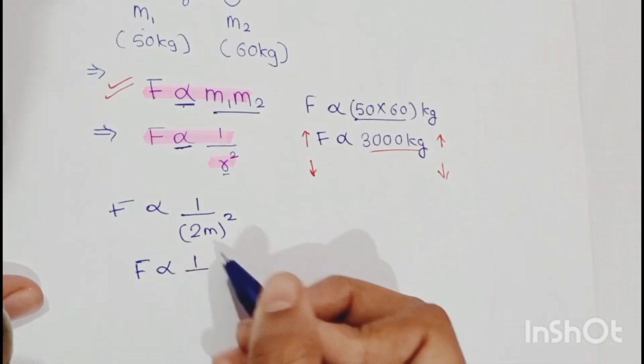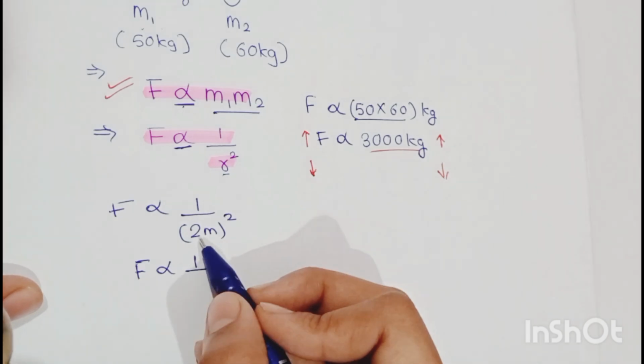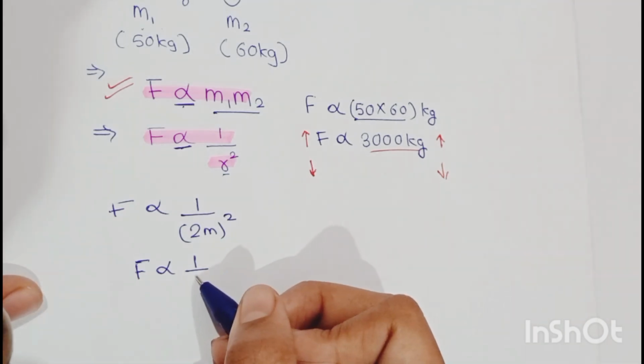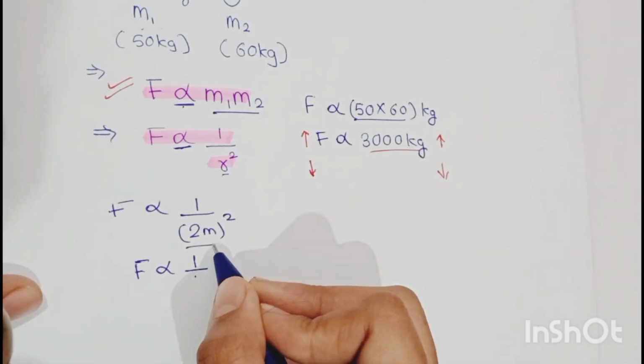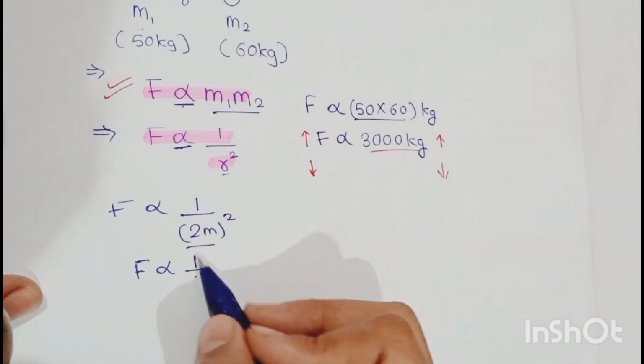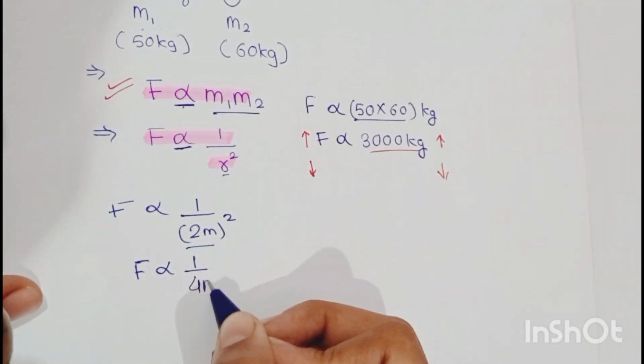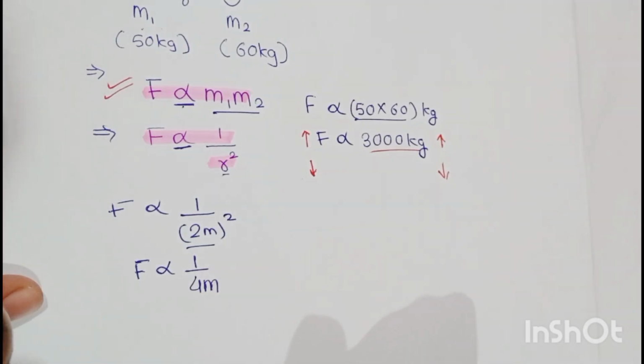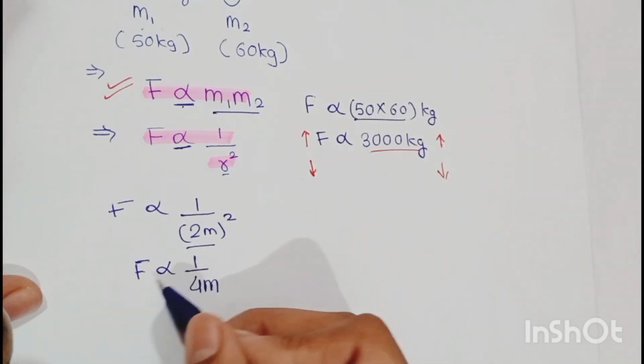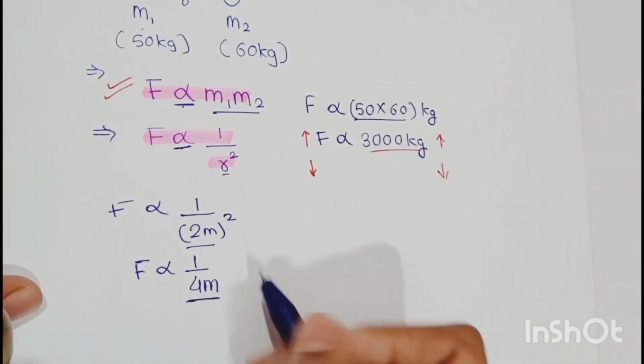Let's say 2 meter is the distance, so 2 square will be 4 meter. Now what is this 1 upon 4 meter? It is the amount of force.